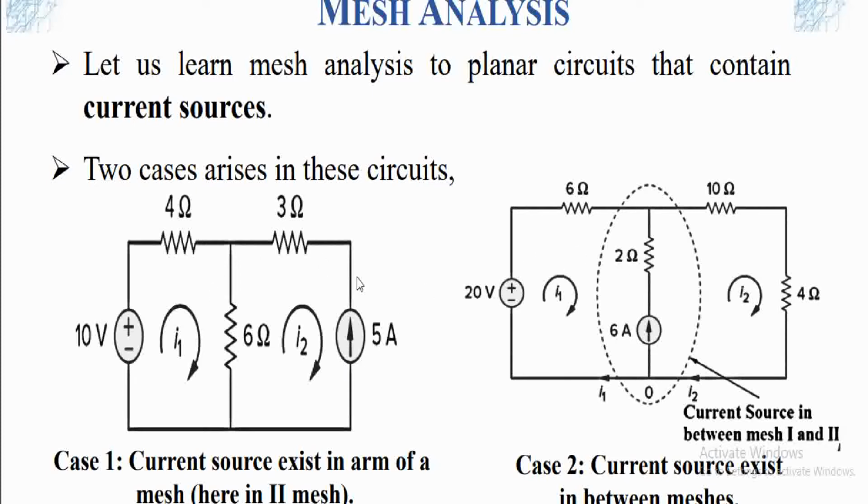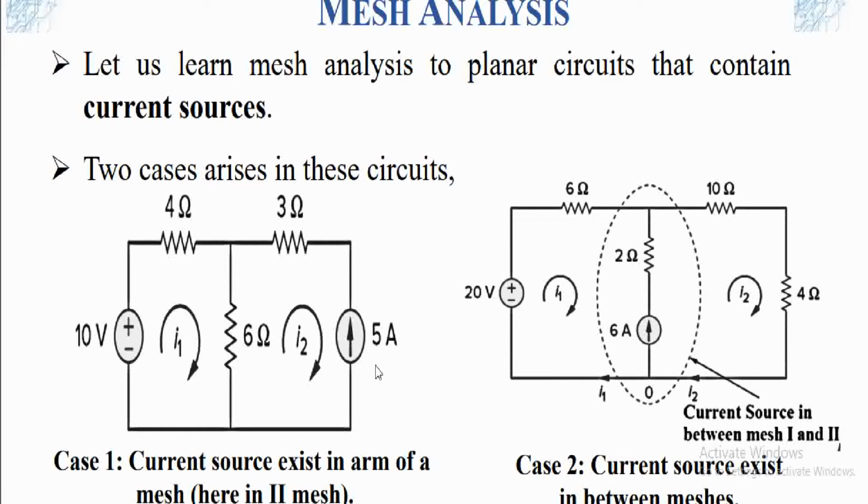Here you have a current source in an independent branch, or uncommon branch. This is not a common branch between mesh 1 and mesh 2. This is the only common branch. So this is the case where the current source is present in an uncommon branch.